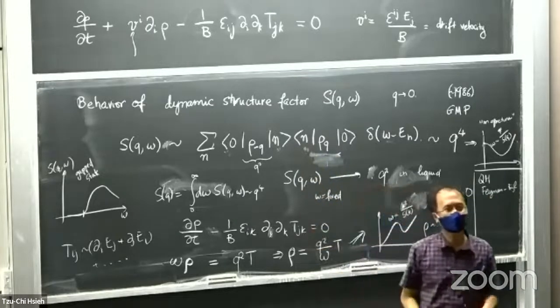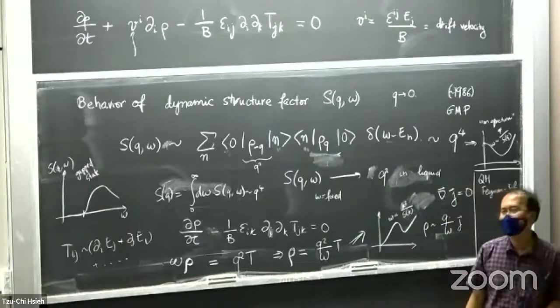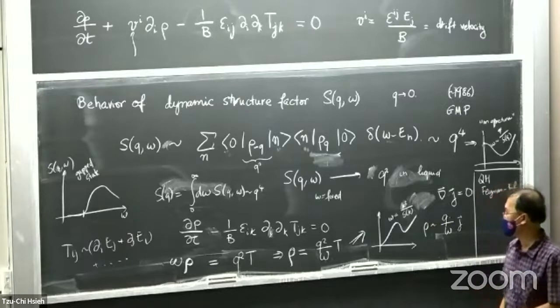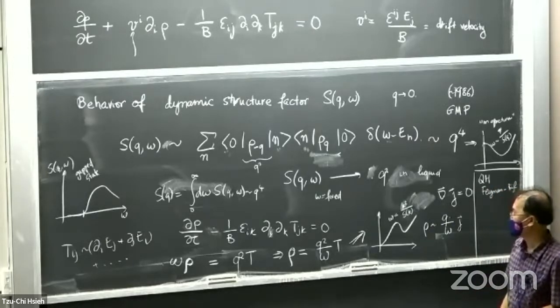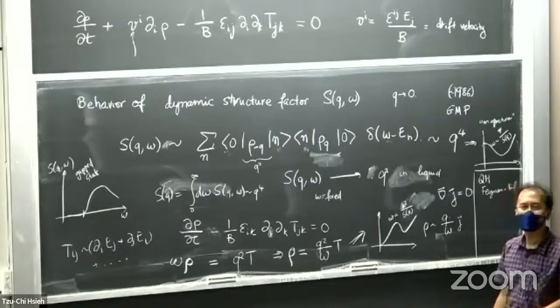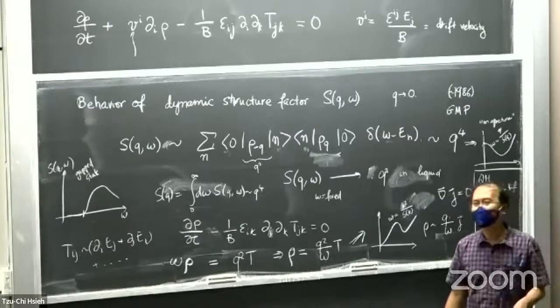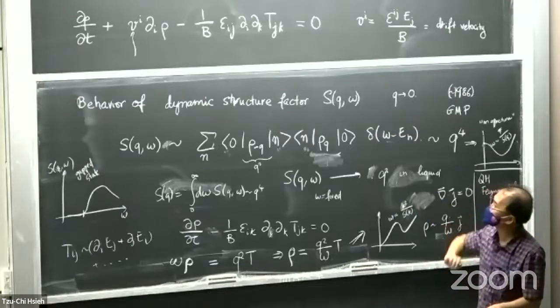Usually in solid state physics that would be neutron scattering, but here it's not conveniently measured. It's more of a concern for theorists and numerical people who do numerical simulation.